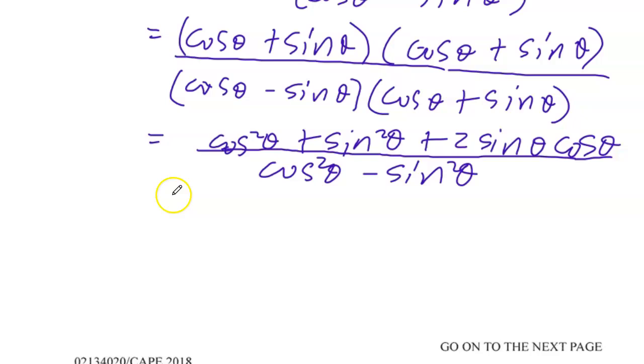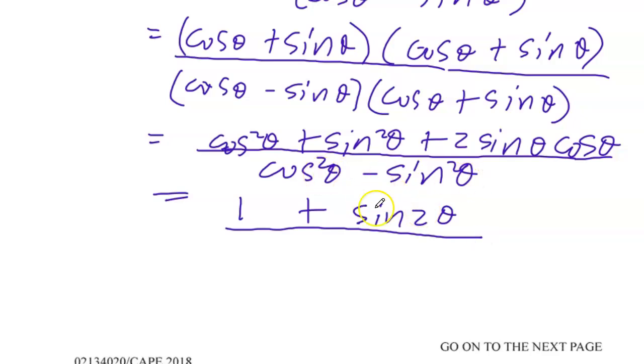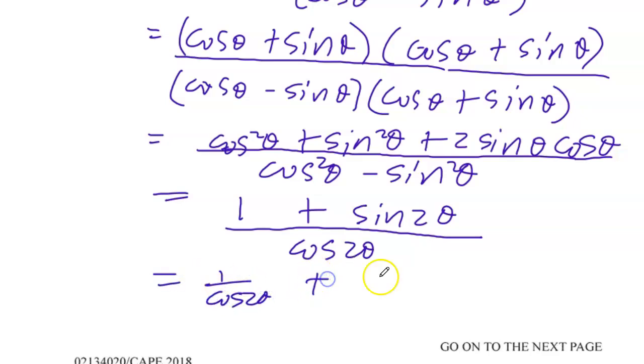Now recognize an identity. Cos squared plus sine squared, that's 1. 2 sine theta cos theta, remember that's sine 2 theta. And cos squared minus sine squared, that's cos 2 theta. So notice what you have is 1 over cos 2 theta plus sine 2 theta over cos 2 theta.